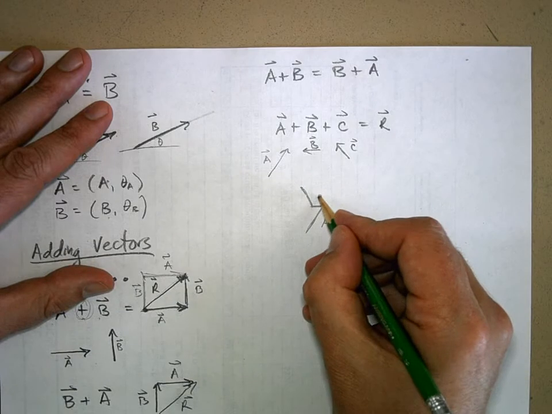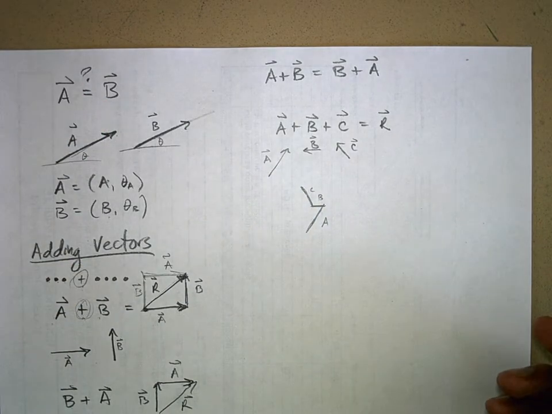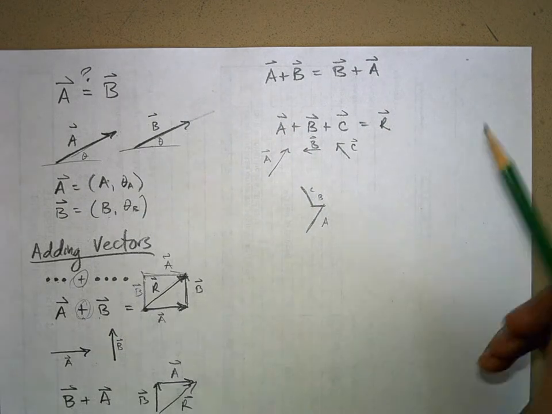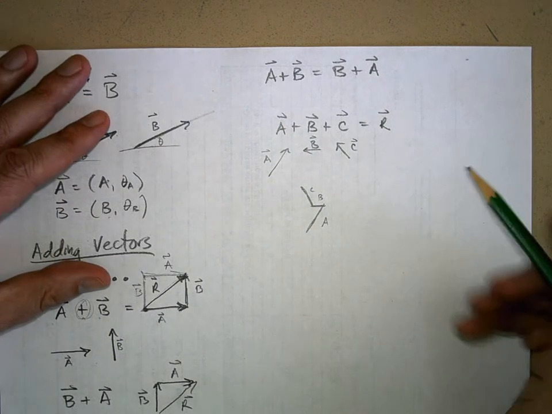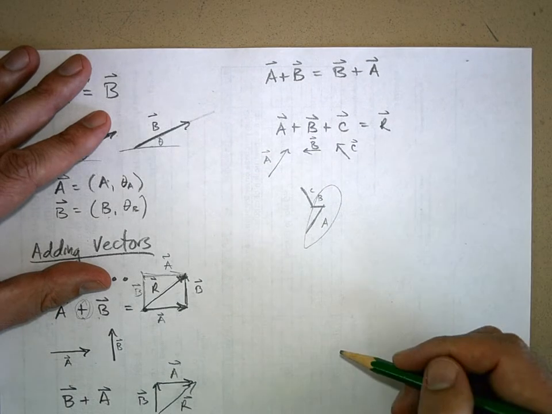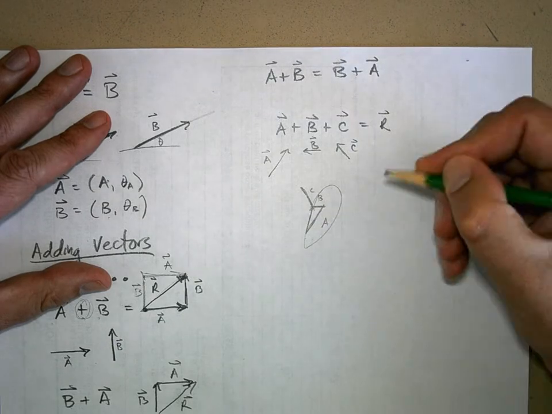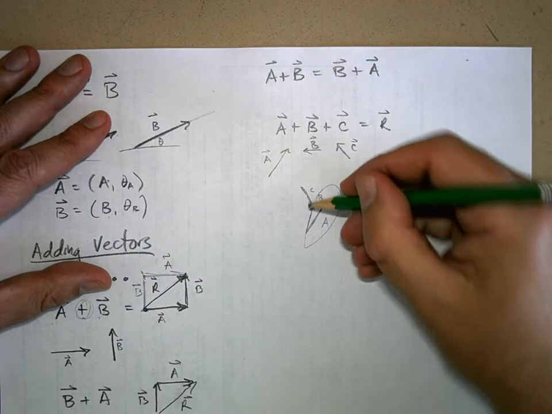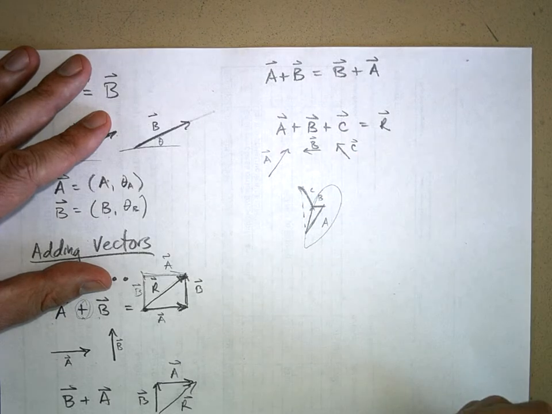It doesn't matter what order you add these in. But what if I say, let's add up A plus B first, and then add C to it. If I add A plus B first, I get this vector. There's A plus B. And then if I add C to it, I'll get my resultant. So this is the associative property.